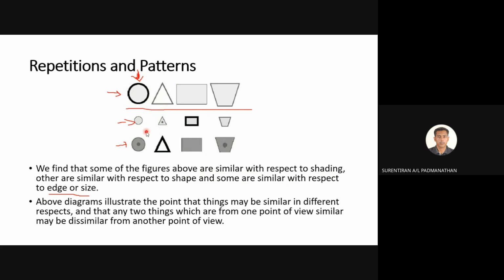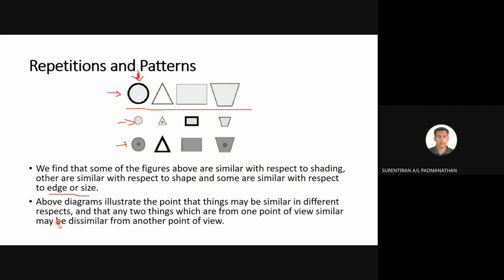But if you observe carefully, you can see there are some differences, but it is the same with other patterns, I mean other shapes. So if you see here, this is similar with this and this, right? You can see the triangle and this shape. So these shapes are the same.